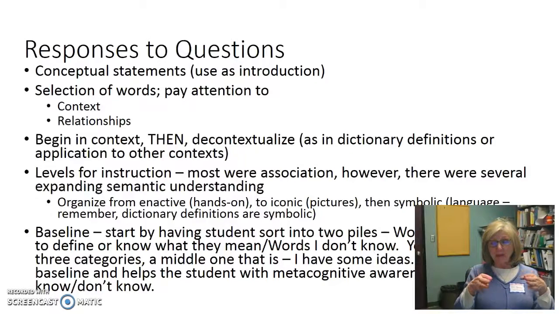So this is my next point: you begin in the context, because that helps students learn words. It's easier to learn a word when you have a context. Then you can decontextualize it or go to a dictionary definition.